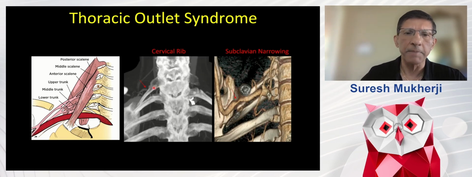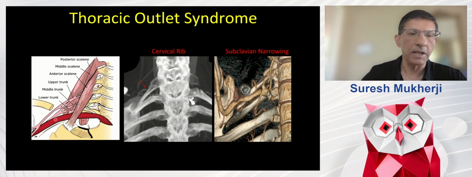Another example here, this patient has right-sided thoracic outlet syndrome. They have a cervical rib. We all have cervical ribs, but what's the cause of the patient's pain? Well, when we look at the CT angiography, what we see here is the subclavian artery has a normal caliber proximally, a normal caliber distally, where it becomes the axillary artery. But we can see right here at the level of the cervical rib, we can see pinching of the subclavian artery.